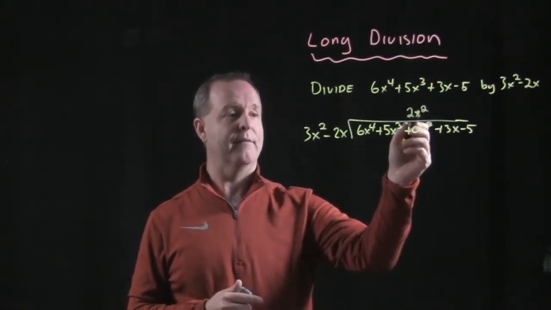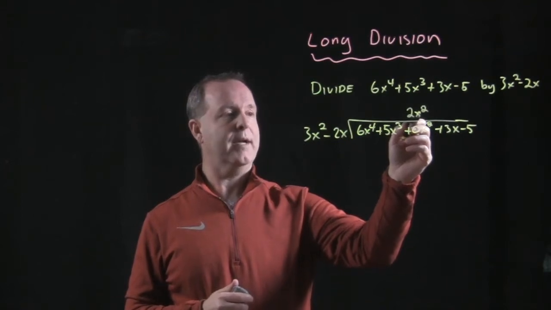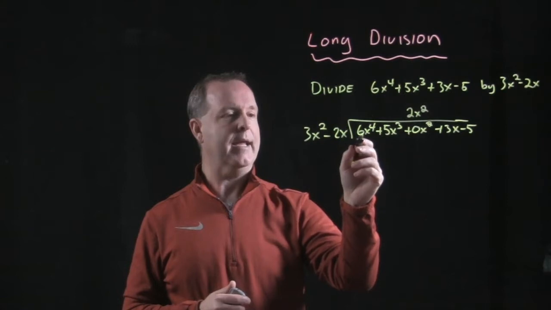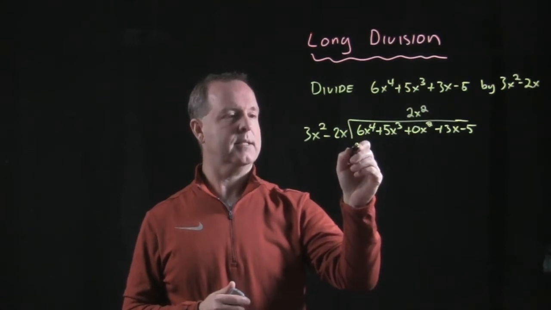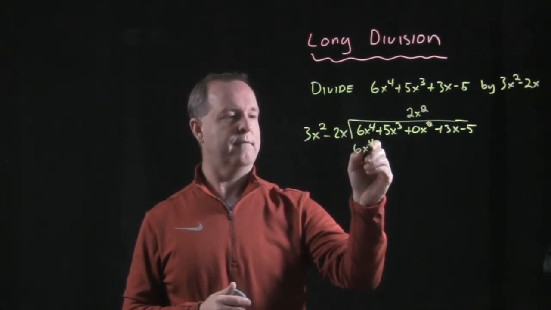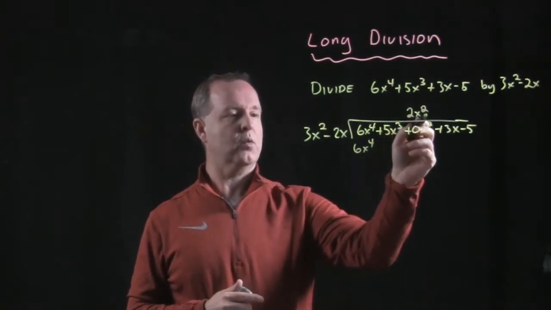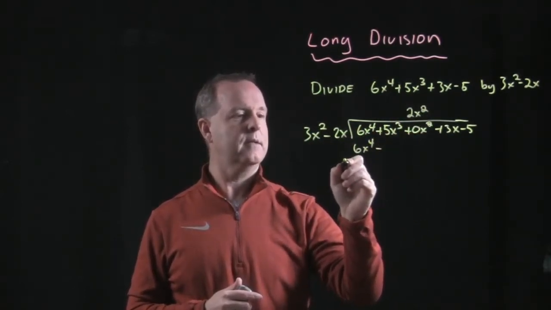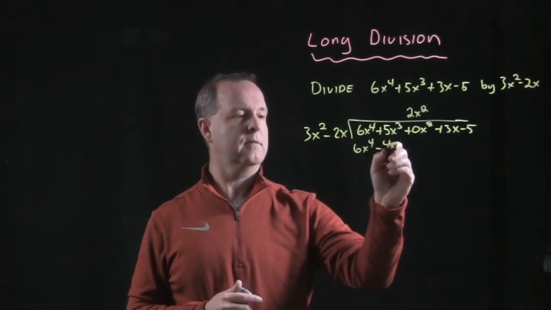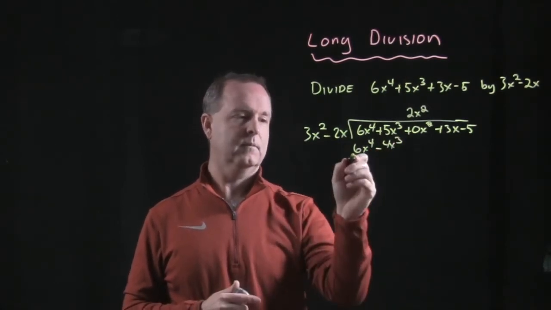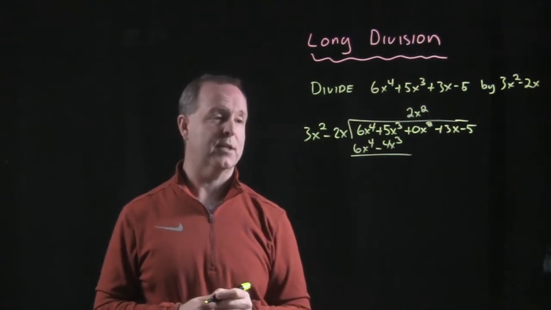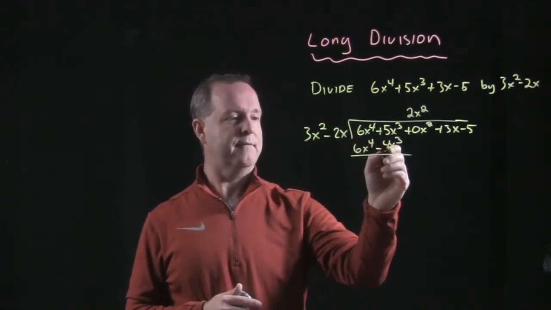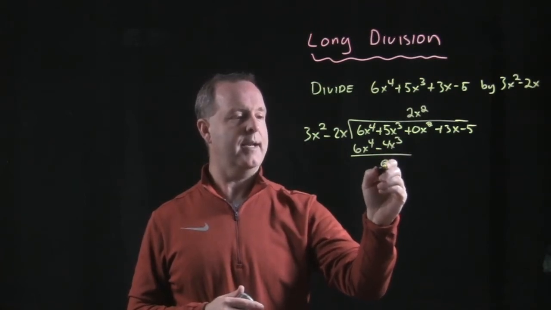And let's look what we have. 2x squared times 3x squared gives me a 6x to the fourth. 2x squared times negative 2x gives me a negative 4x cubed. Subtract my terms, and I have 5x cubed minus a 4x cubed gives me a 9x cubed.